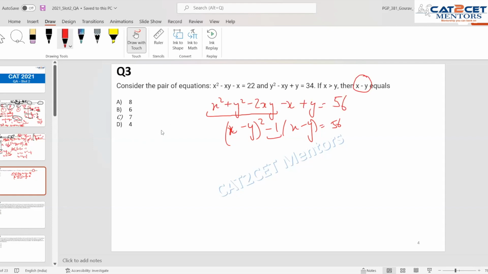We can also solve this in a way where it would have been y minus x whole square plus y minus x. But the question was demanding that we find the value of x minus y, not y minus x. Okay guys, is this clear? Great. Then let's take x minus y common.